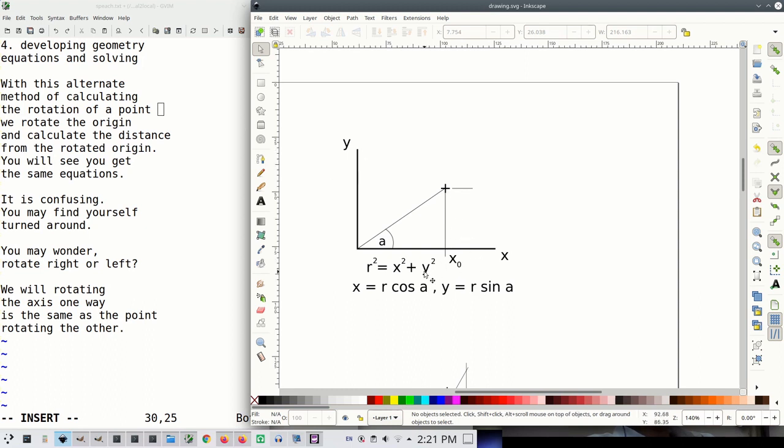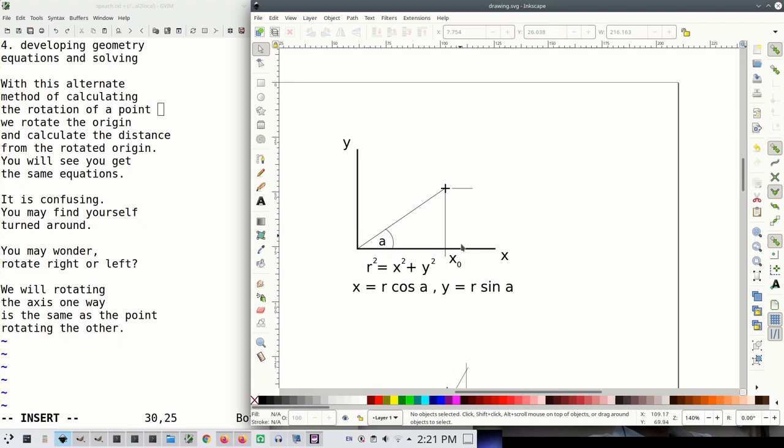Just the x and y are going to change. So x equals r cos theta, y equals r sine theta. Just basic trig, SOHCAHTOA. Cos a is the adjacent x over the r, and then y is the opposite.